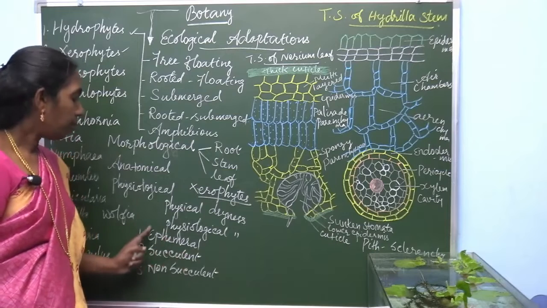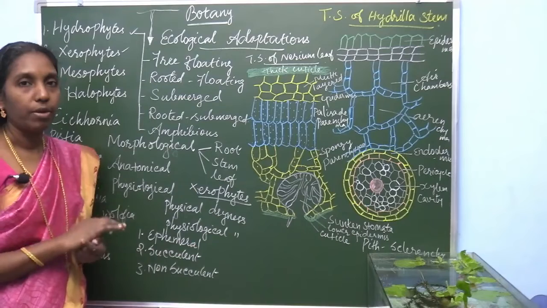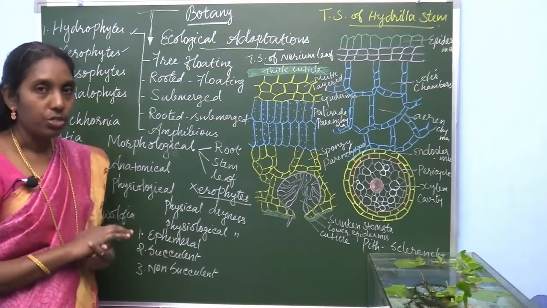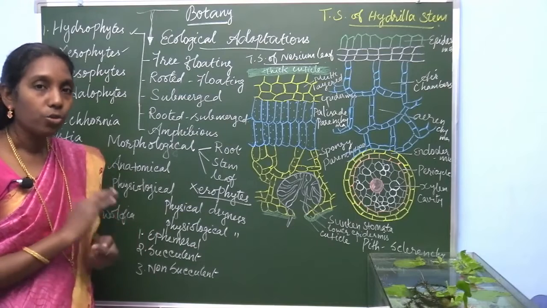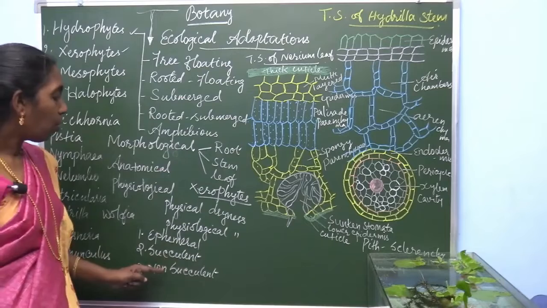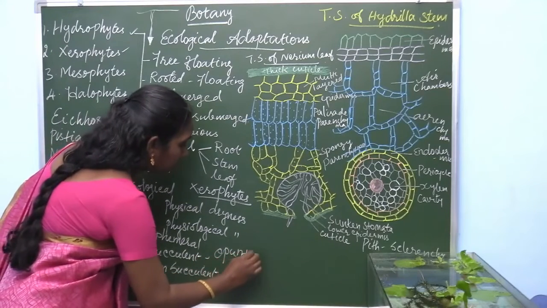Ephemeral plants, example tribulus. These are short living plants. The lifespan of these plants is very short and they are not true xerophytic plants. Succulent plants, examples opuntia and aloe.